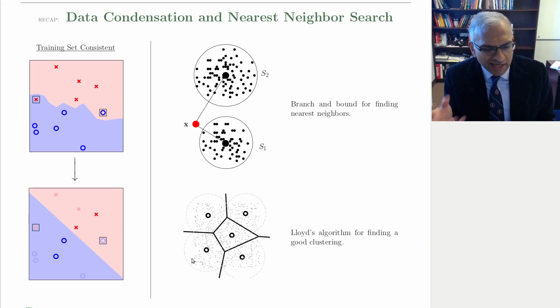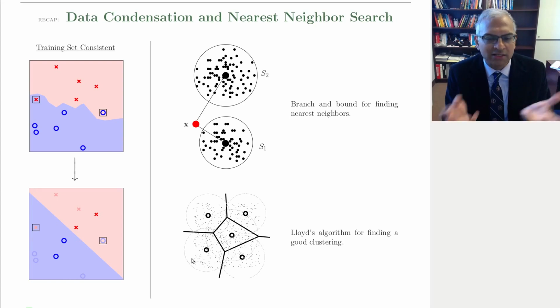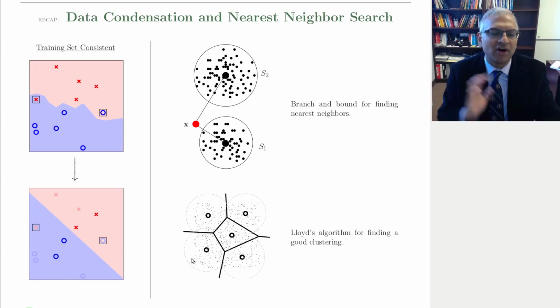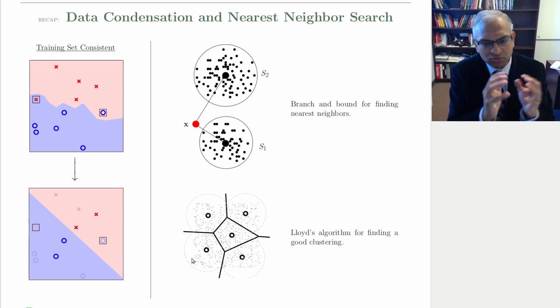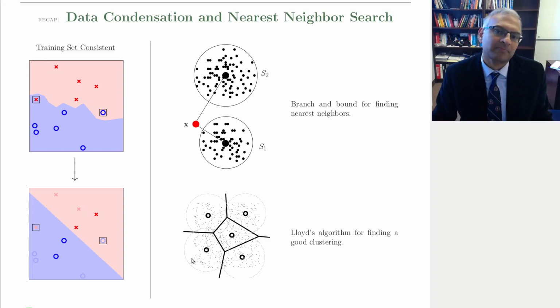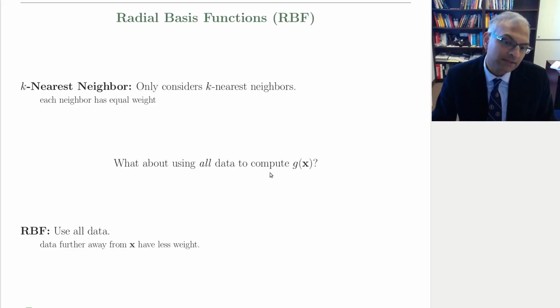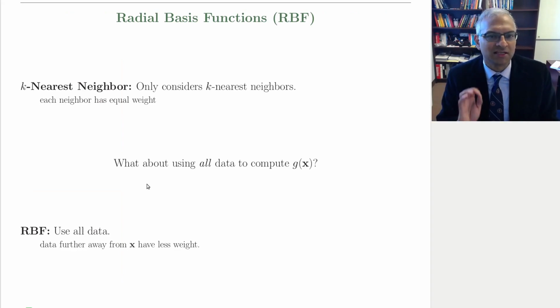The idea being that since the cluster centers are very far apart, you are likely to get clusters which are far apart, and you only assign to a center the points that are close to it, so hopefully the clusters are also tight. Okay, and so coupled with a good clustering of the data, the branch and bound algorithm can significantly save on runtime.